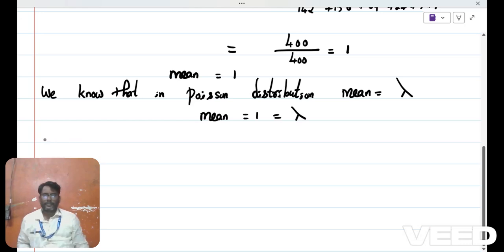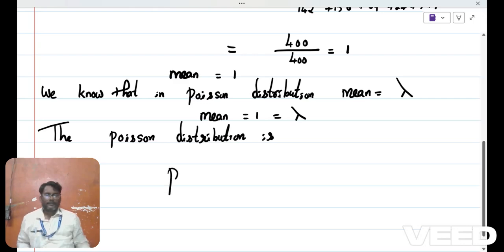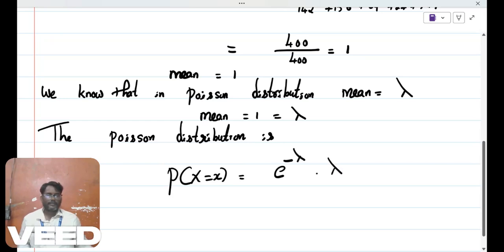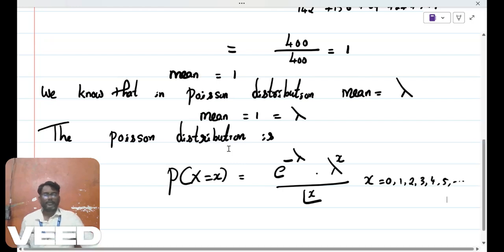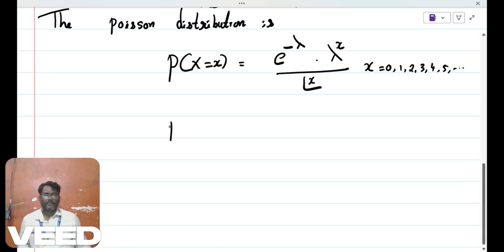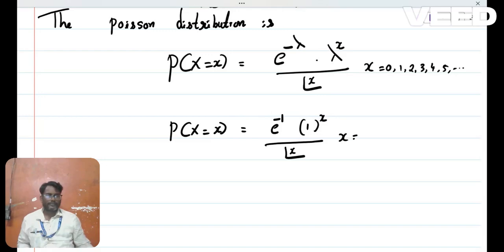Therefore, the Poisson distribution is P of X equal to x will be equal to e to the power minus lambda into lambda raised to the power x by x factorial, and here x takes the values 0, 1, 2, 3, 4, 5, etc. So for lambda equal to 1, we have P of X equal to x is e power minus 1 into 1 power x by x factorial, x is equal to 0, 1, 2, 3, 4, 5.